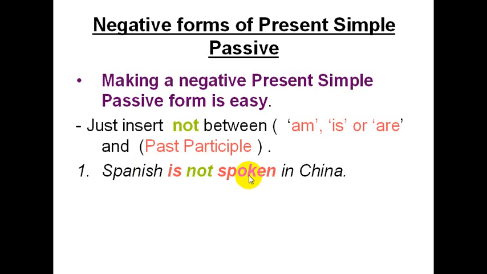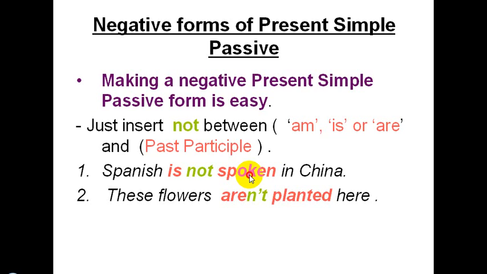Excellent. Another example. These flowers aren't planted here. Yes. The negative. What should I do? I should insert not between verb to be here, are, and the past participle, the verb planted.